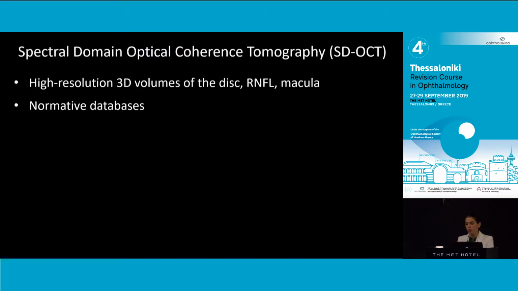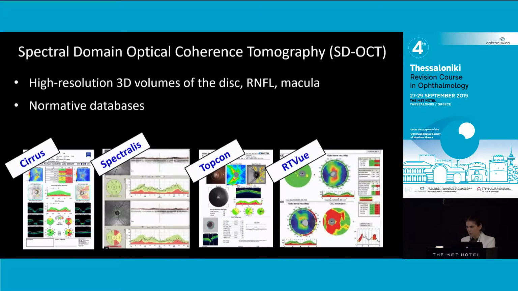So spectral domain OCT that we all know and love gives us three-dimensional volumes of the disc, the macula, and the retinal nerve fiber layer, and relies on normative databases, which basically means that if your patient is different than the normative databases, he or she will be classified as abnormal. Not necessarily glaucoma, but abnormal.